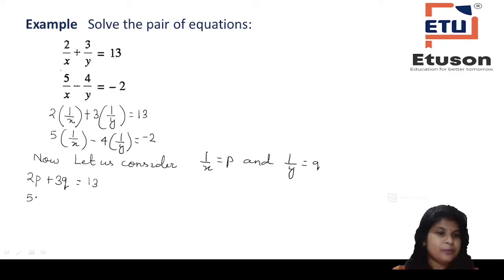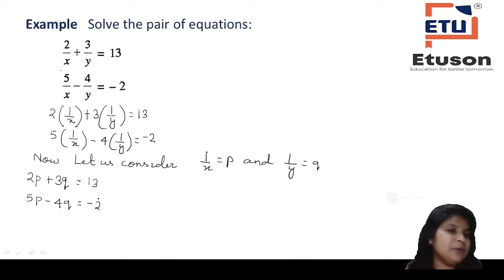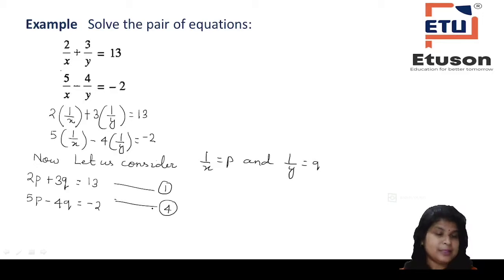It is 5p minus 4q is equal to minus 2. So now this pair of linear equations is in standard form. So now these two equations we can solve by any of the methods which we have discussed in the previous videos. So let us take the elimination method.